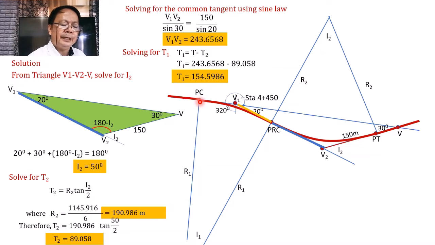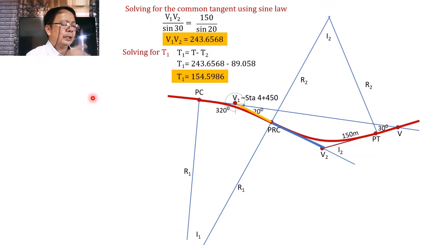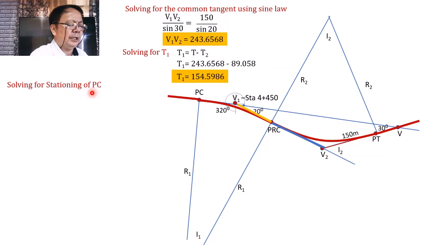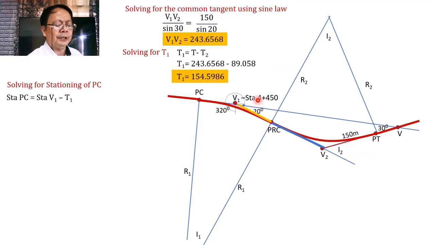The stationing of the PC is equal to stationing of V sub 1 minus the tangent distance T sub 1. Therefore, the stationing of the PC is equal to the stationing of the vertex minus T sub 1, where the stationing of the vertex sub 1 is given at 4 plus 450. We just have computed 154 for T sub 1.